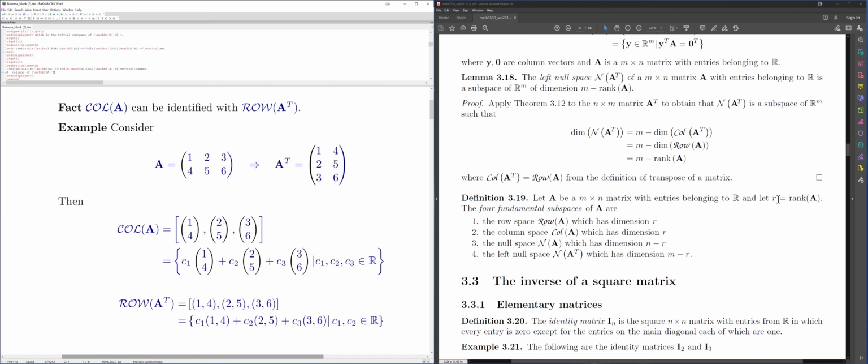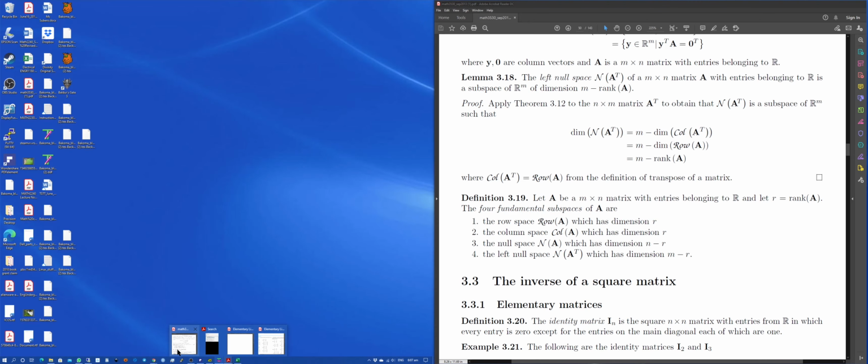The rank of A, which is the dimension of row space, is denoted by small r over here. So row space has dimension r, and that really is just by definition of row space.